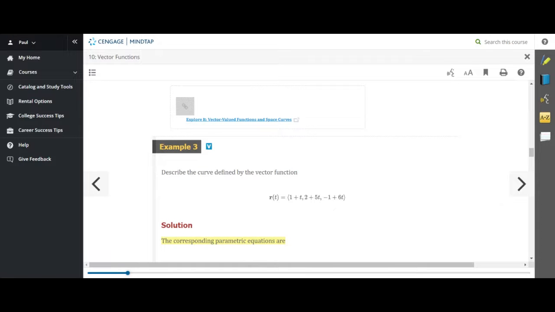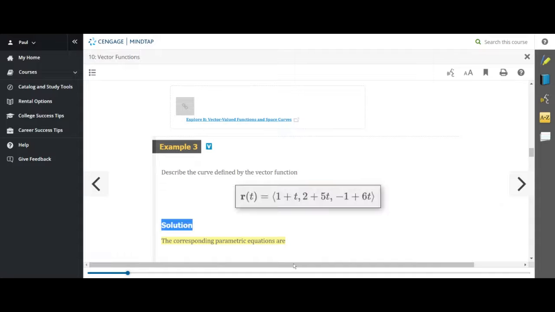In example 3, they want you to describe the curve defined by this vector function. Look at its components. The x component is 1 plus t.